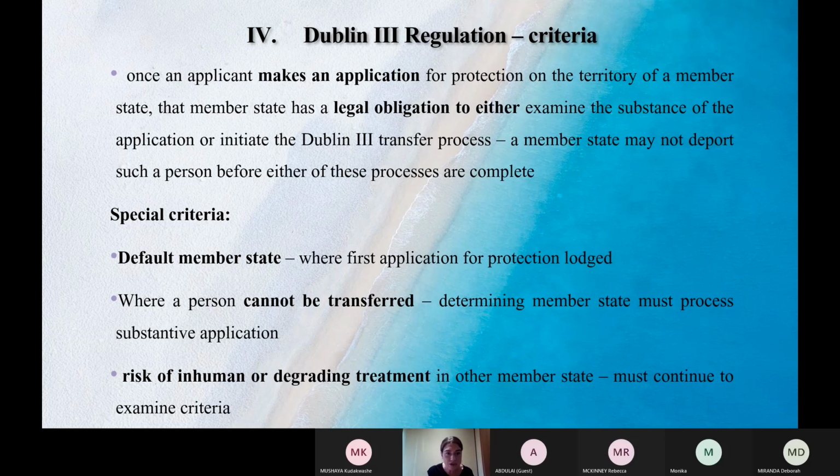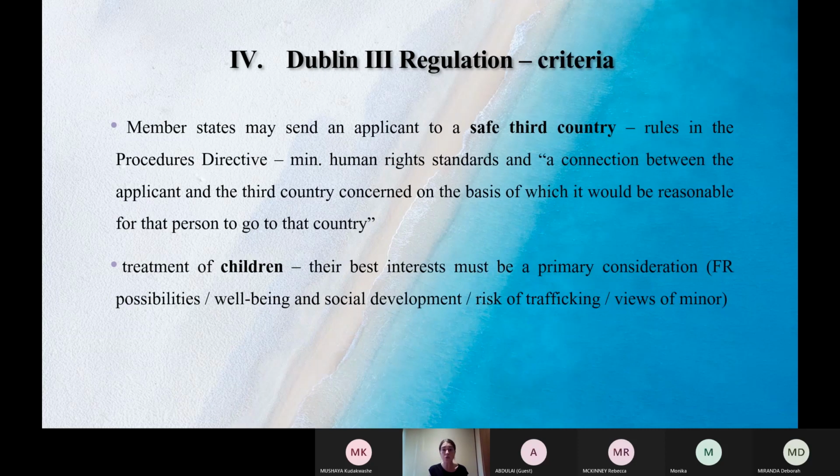Okay, back to this. So yeah, they are the special criteria. There are also two more special criteria. The Dublin 3 regulation only applies to other EU member states, as in they can only be transferred in accordance with the regulation to another EU member state. But a safe third country is a safe country outside of the EU.